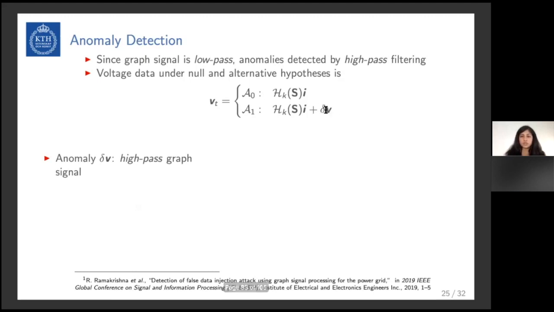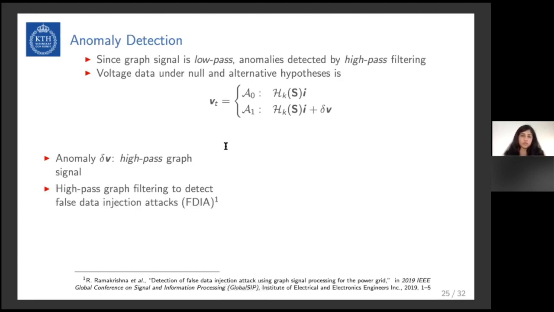So this delta v here is an anomaly, and because it's an anomaly, it's a high pass graph signal, so it doesn't appear in the same subspace as this graph filter has. And therefore, a way for detection is to high pass graph filter the data, and you can detect false data injection attacks. That's one of the premises that we solve.